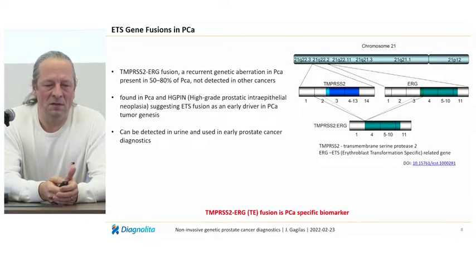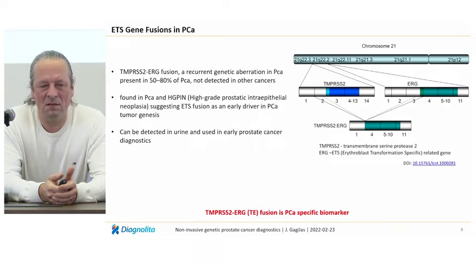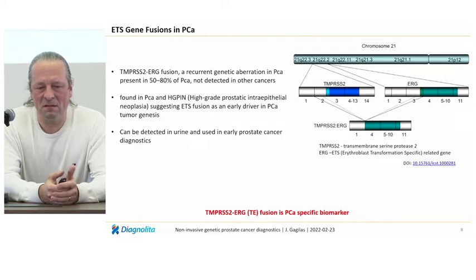And it is found not only in case of cancer, but also in HGPIN, and it is suggested that this fusion plays a role in development of prostate cancer. And the good thing is that these fusions can be detected in urine and can be used in early prostate cancer diagnostics. And in the right side you can see a picture which represents how this fusion happens.